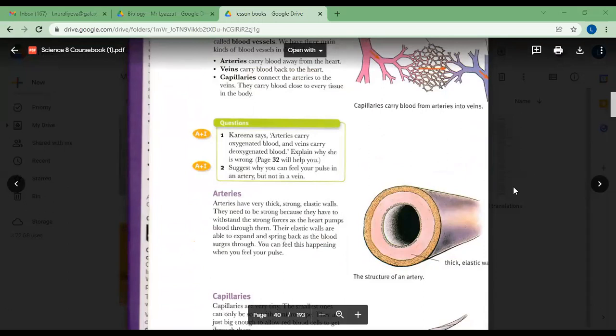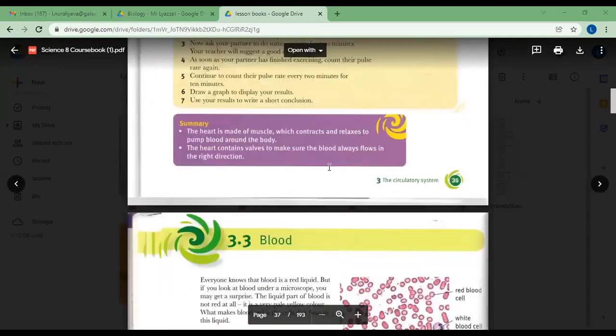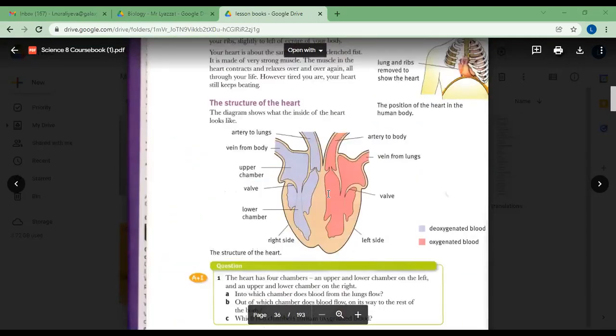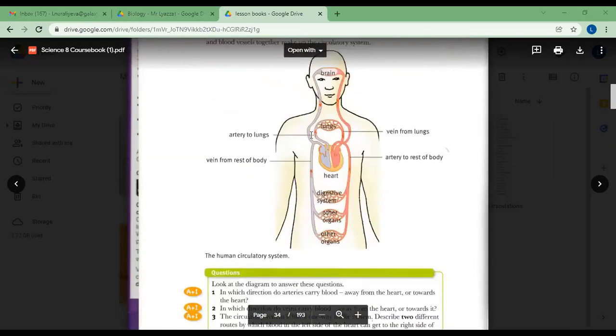Karina says arteries carry oxygenated blood and veins carry deoxygenated blood. Explain why she's wrong. Page 32 will help you. Open page 32. Normally, all the arteries carry oxygenated blood, yeah? But the artery to the lung, only this one.